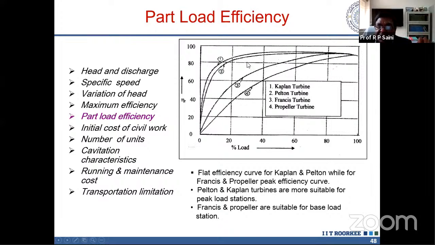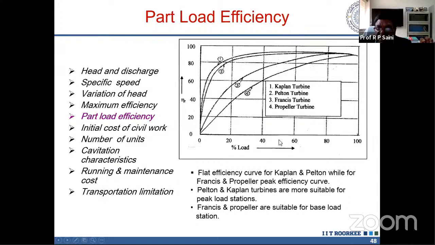If I want to operate a turbine at 40% load, it's a load basically. Suppose I have a 100 kilowatt plant. If I operate at 100 kilowatt, it will be operating at maximum efficiency.